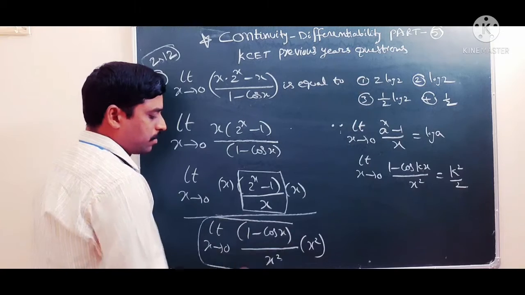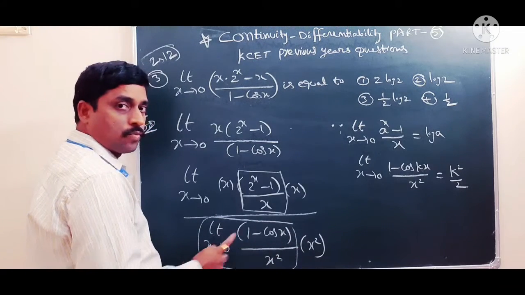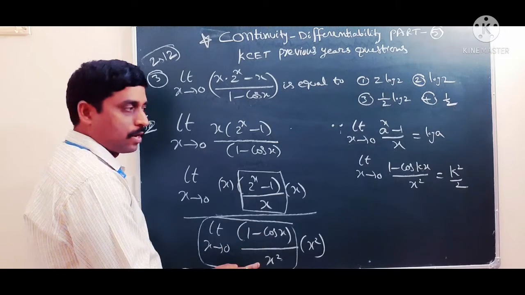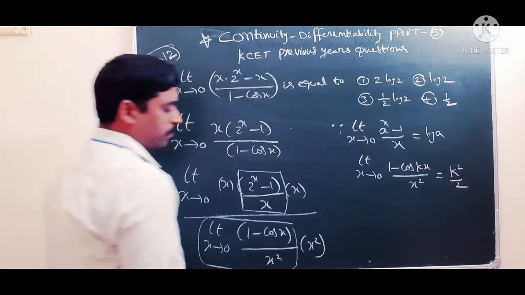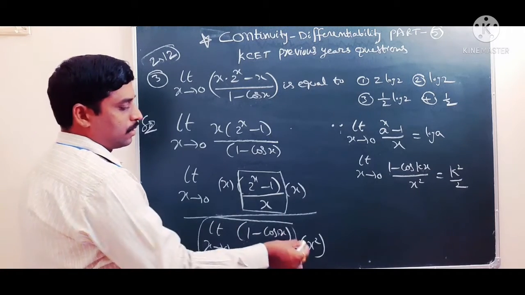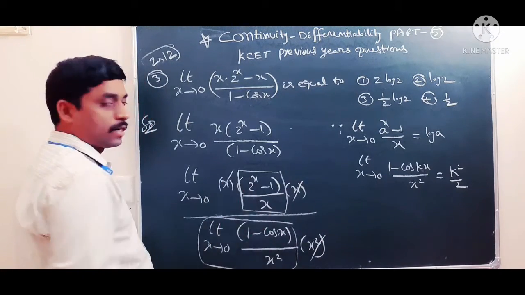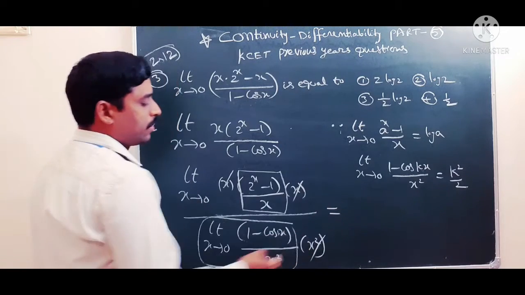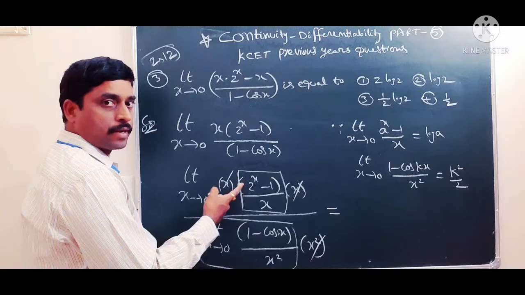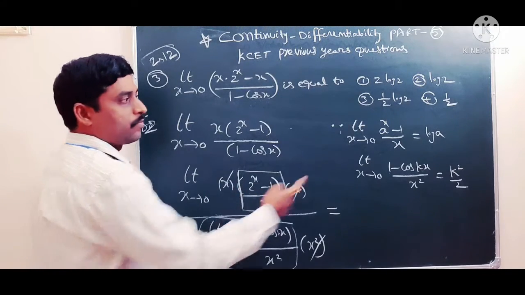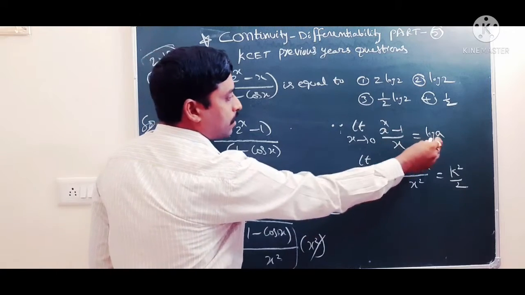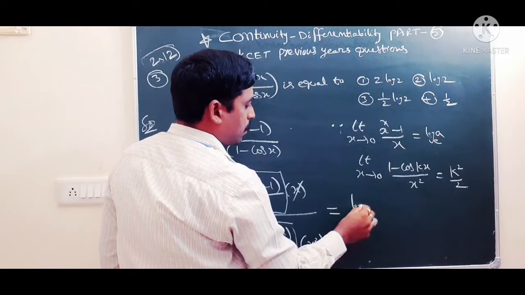So in the denominator, limit x tends to 0, 1 minus cos x by x square, this formula we have k square by 2, where k value is 1 in this one, so 1 by 2. In this x square, x gets cancelled. So in the numerator, limit x tends to 0, 2 to the power x minus 1 by x, this is in the form of limit x tends to 0, a to the power x minus 1 by x, formula log a base e, log 2 base e.